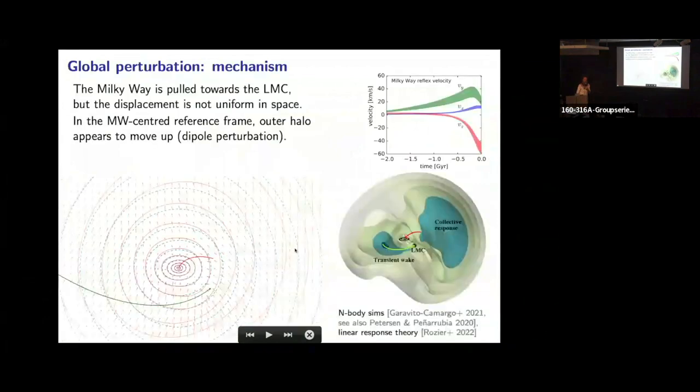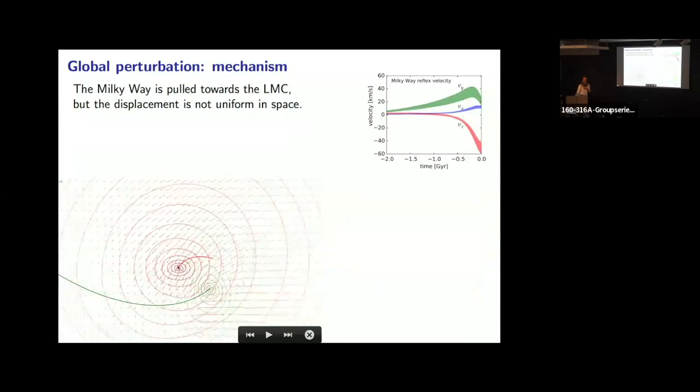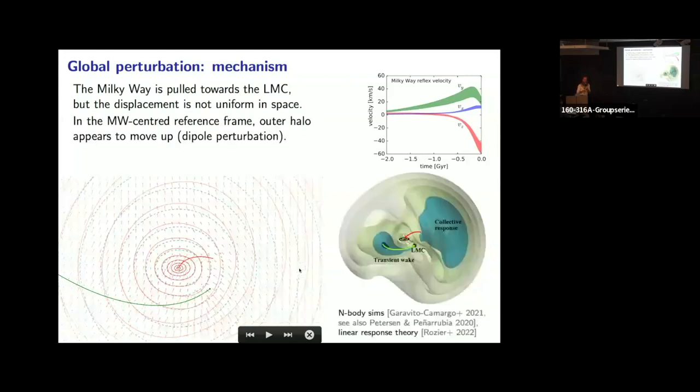And when we do that, everything else is pointing upward. So the inner part of the Milky Way moves with the same velocity as the Milky Way center. When we subtract this velocity, the inner part does not get distorted, but the outer parts move with a different velocity. And what happens is that, with respect to the Milky Way center, the outer part of the galaxy kind of moves up towards the northern hemisphere.